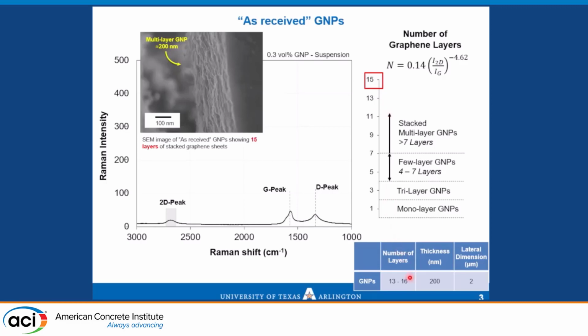Indeed, this number falls in the nominal number of layers that are given by the manufacturer, 13 to 16. So we talk about a multi-layer nanomaterial.